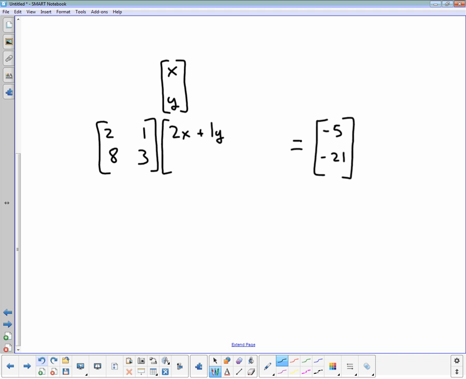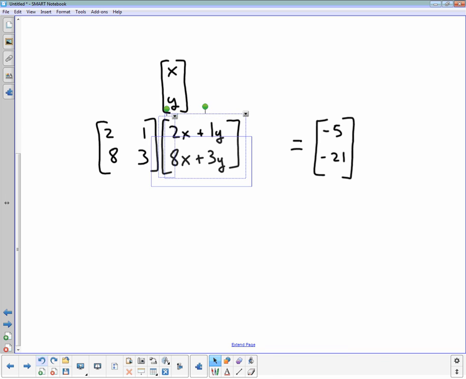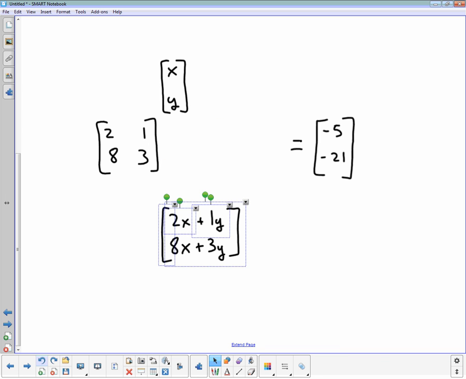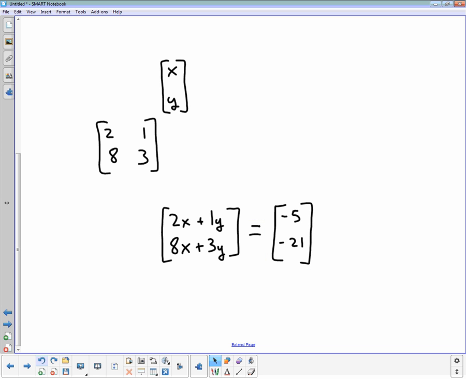And 8 times x plus 3 times y. You see how that works? We actually have this, what we can now begin to describe as a vector.